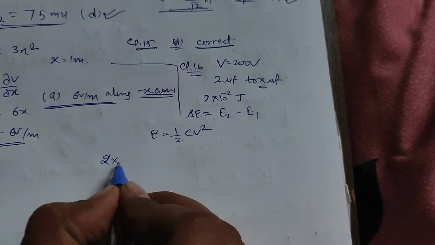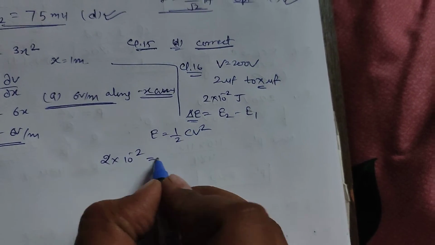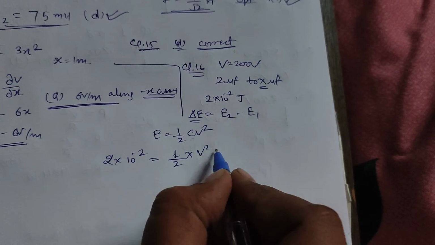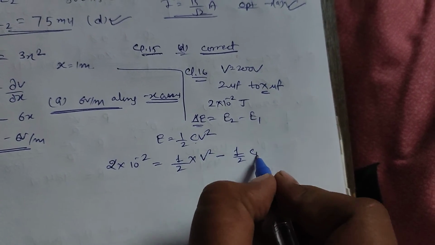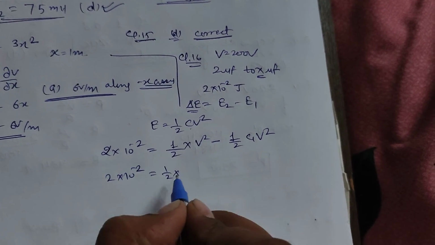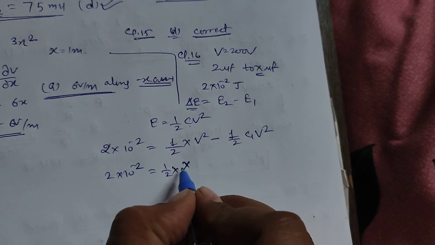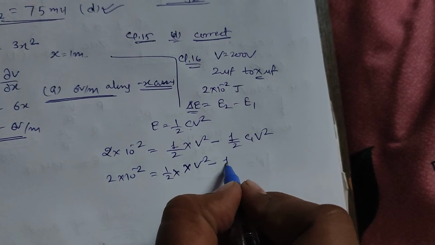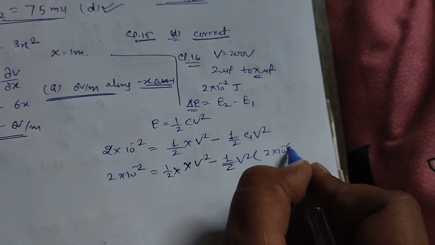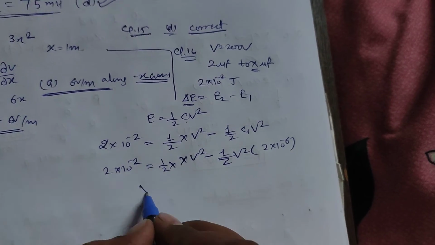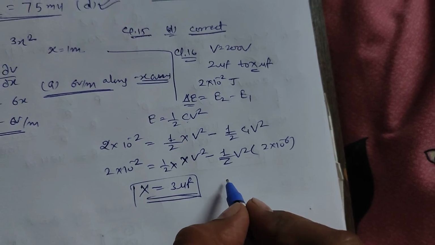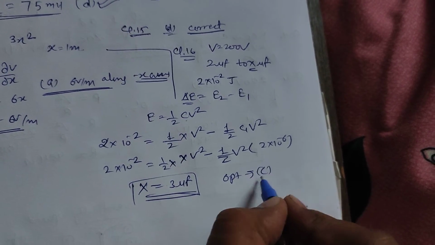So 2 into 10 to the minus 2, that is the value of delta E, is equal to half C2, that is X, V square, minus half C1 V square. 2 into 10 to the power minus 2 is equal to half into X V square minus half V square, and the value of C1 is 2 into 10 to the minus 6. After solving the above equation, we get X is equal to 3 microfarad. That is the correct answer. Option C is correct.